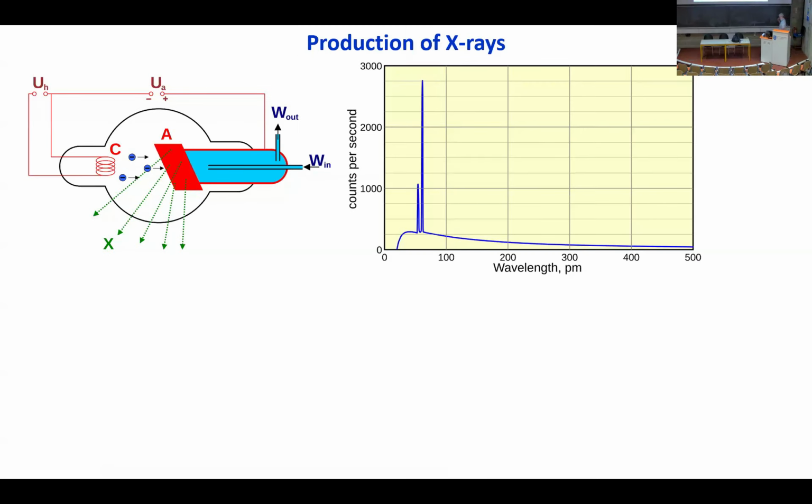So how things work, these are slides I just added last night, actually this morning very early. What you have here is this high voltage between the cathode and the anode. Essentially, you are heating a filament of tungsten that expels electrons to this target, which is copper, or whatever source you may think of.